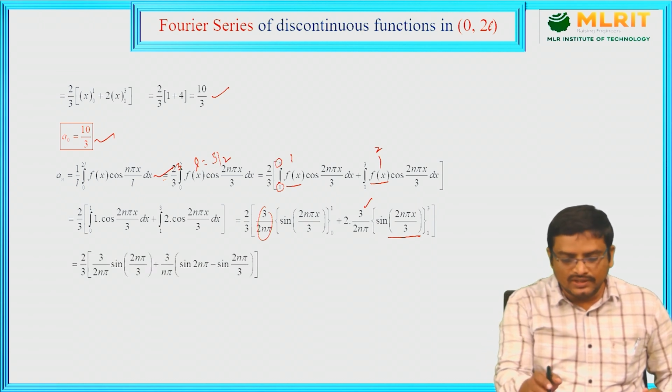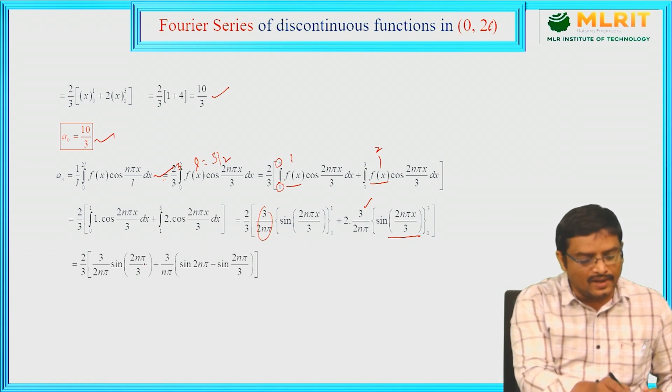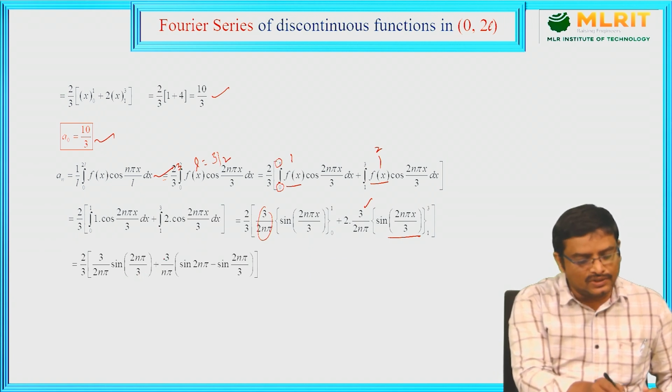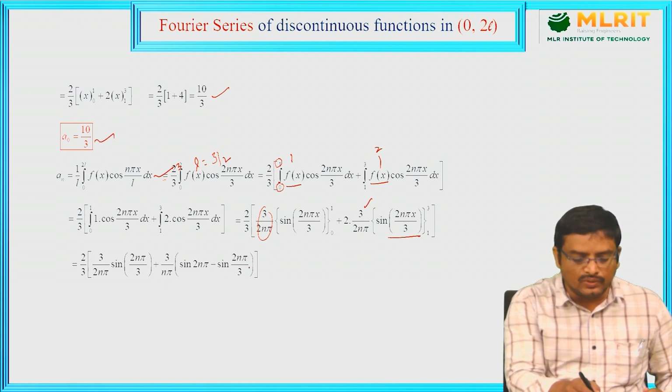After substituting the upper and lower limits, finally you will get this value equal to sin(n pi / 3) plus 2, times 3/(n pi), sin(2 n pi) minus sin(2 n pi / 3).